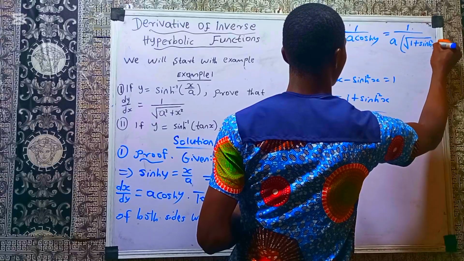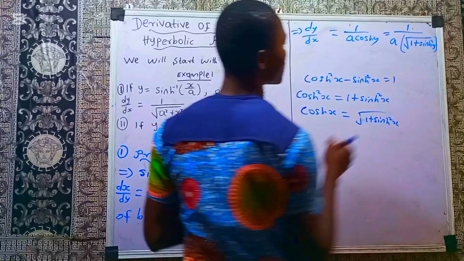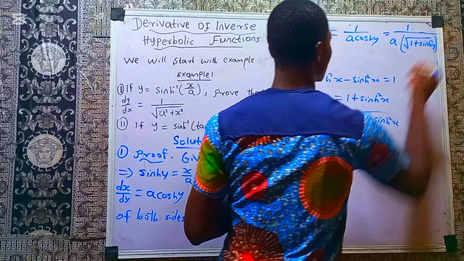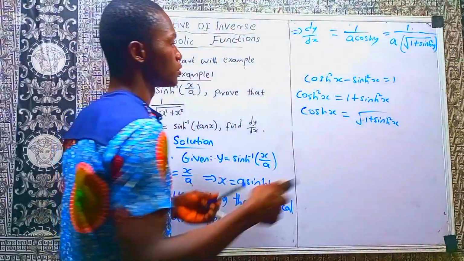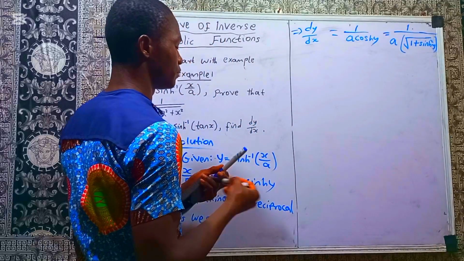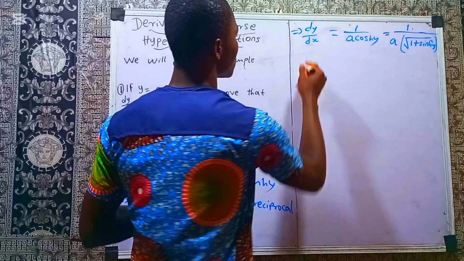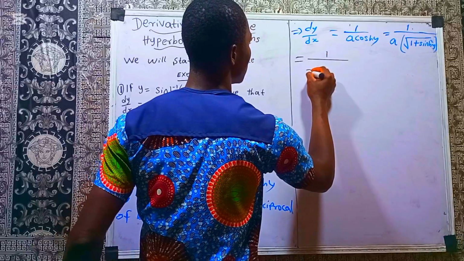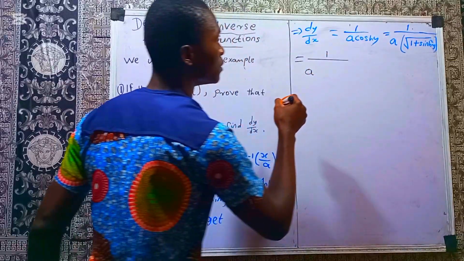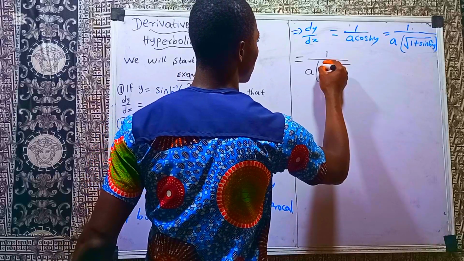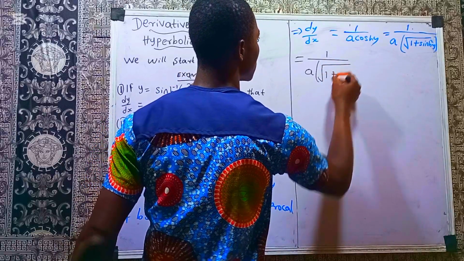So let's proceed. That will be equal to 1 over a into square root of 1 plus.